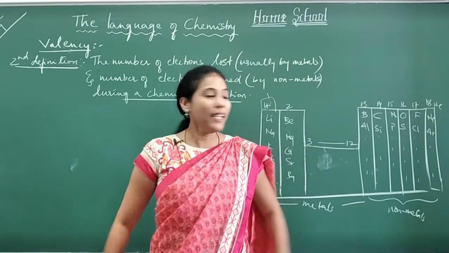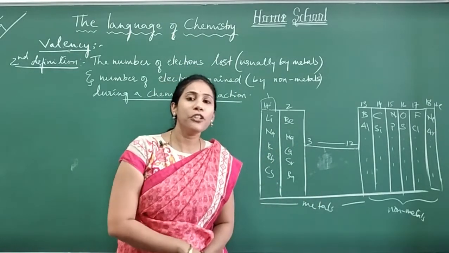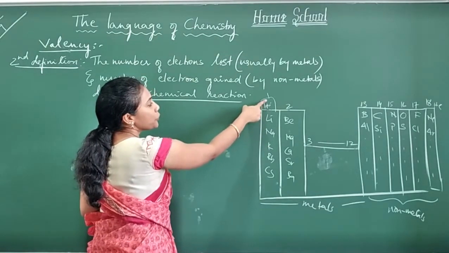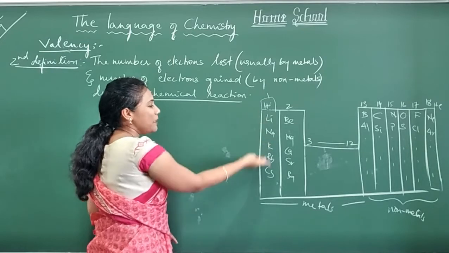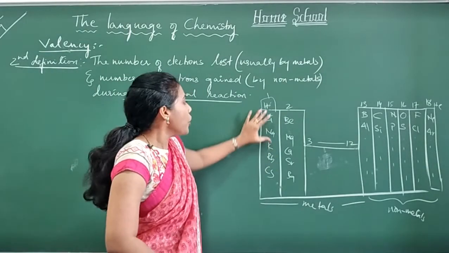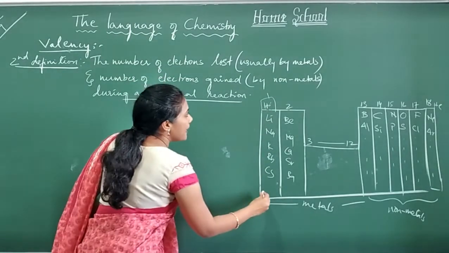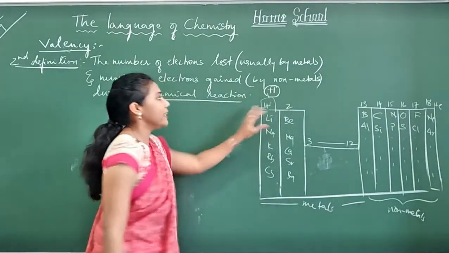So this can work as a shortcut for you. All these group 1 elements, lithium, sodium, potassium, are quite famous actually. You have to remember them. All these elements will show the valency plus 1, guys.